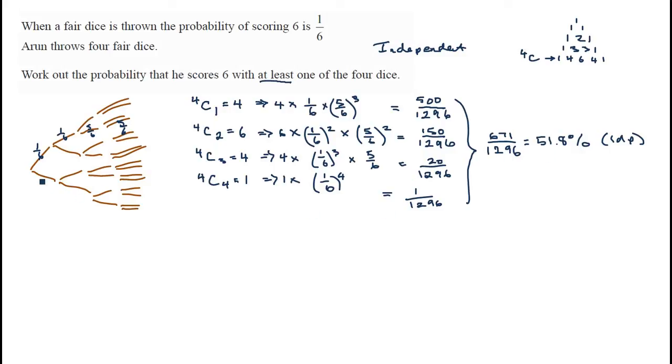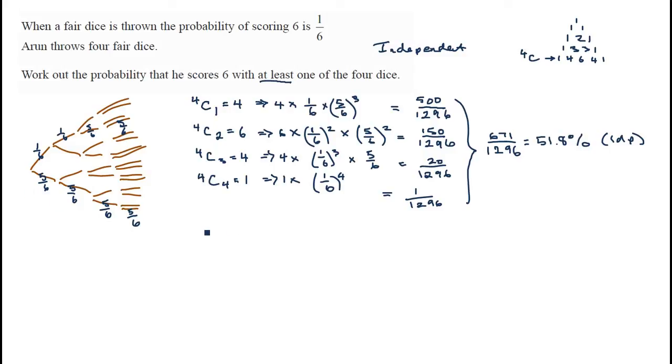And the probability that he's failed, we could draw this on our probability tree diagram, would be if we were just going down here. So there's only one way of doing that. Right, so it would be no sixes at all. It would be 5/6ths times 5/6ths times 5/6ths times 5/6ths. So it'd be just one combination. So there's no point us using the combinations method here.